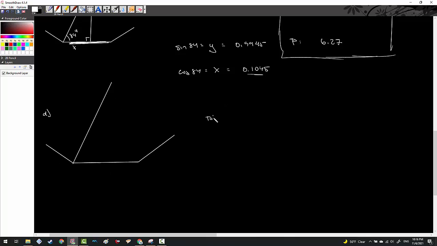So the total angles in my 180-gon. So that's going to be 180 minus 2 times 180. So 178 times 180.